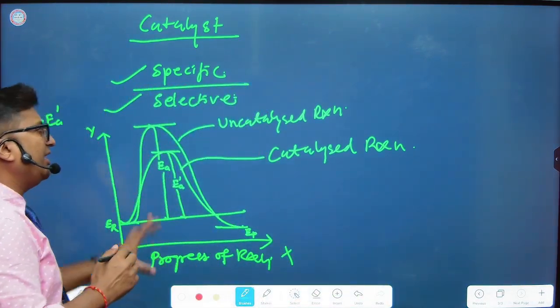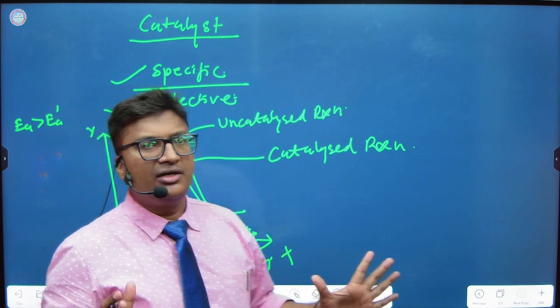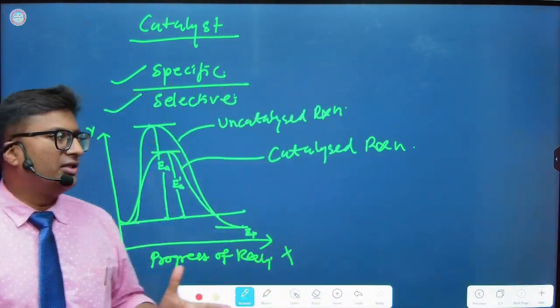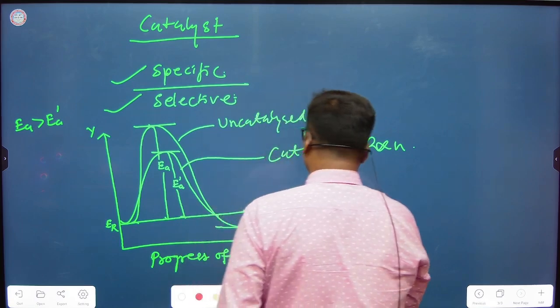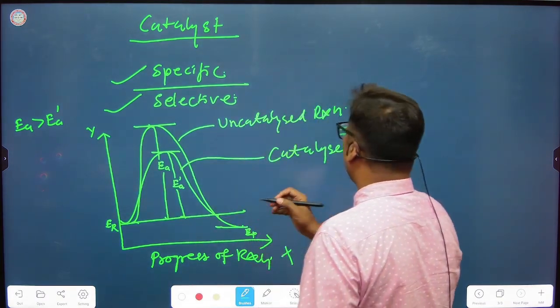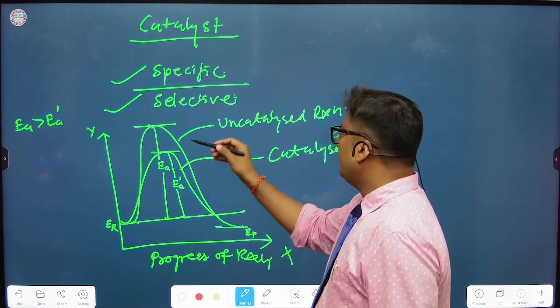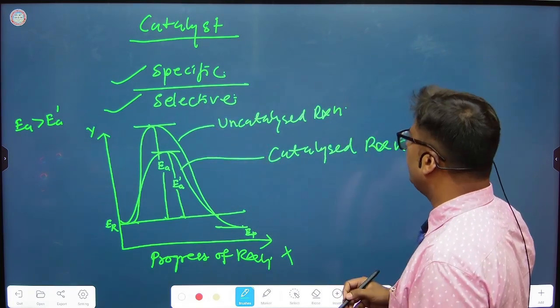Activation energy is reduced and the rate of the reaction is enhanced, and finally we can get the product molecules, right? So this is the beauty of a catalyst. The catalyst can only decrease this particular energy barrier.